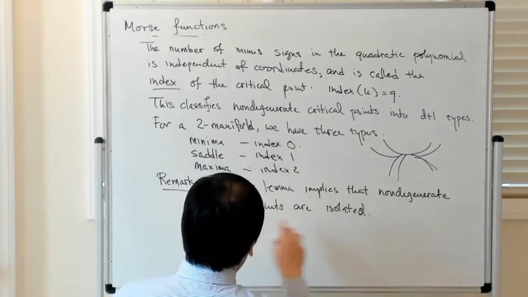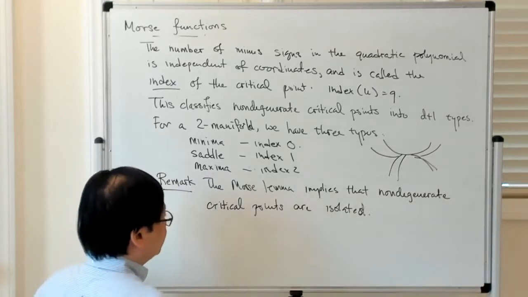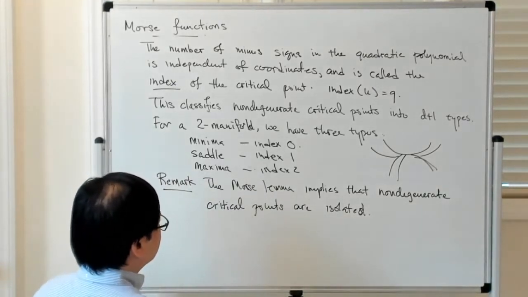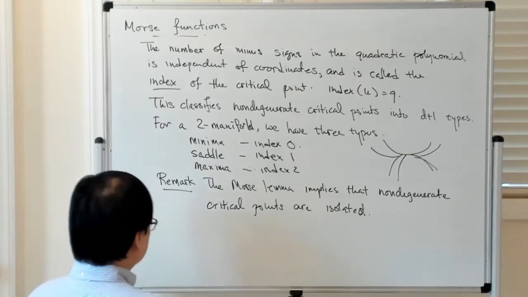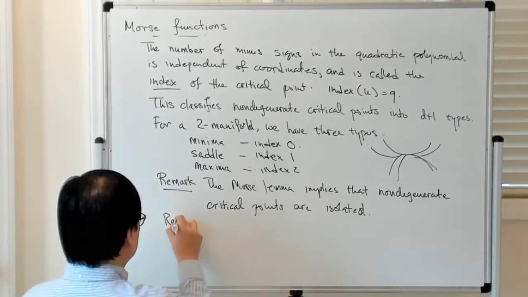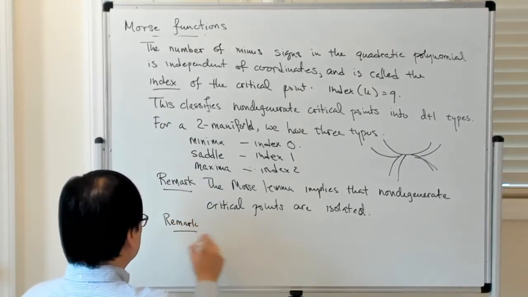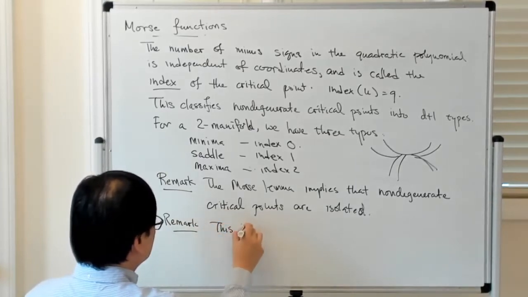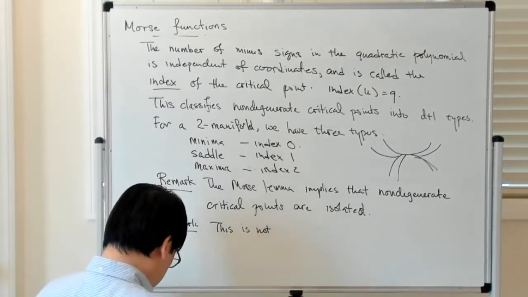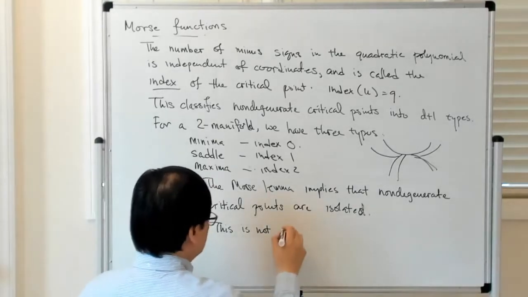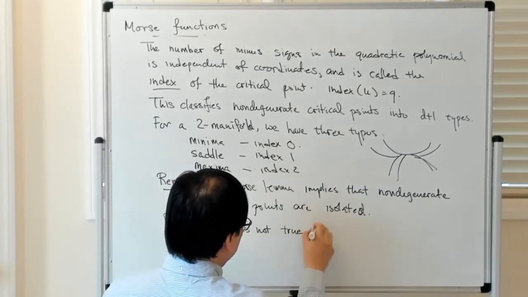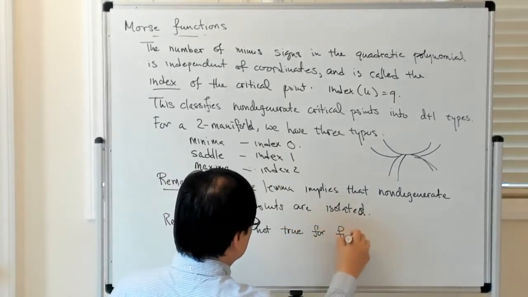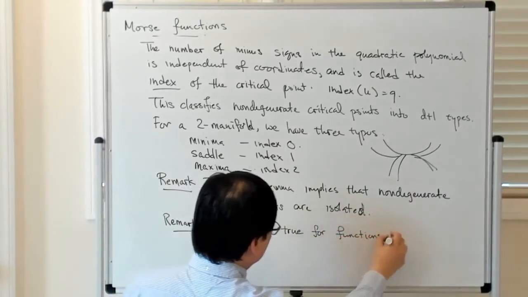So if you want an example of something which is not Morse, the other remark is that this is not true for functions which are not Morse.